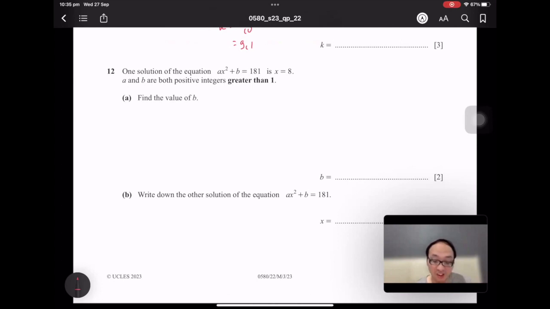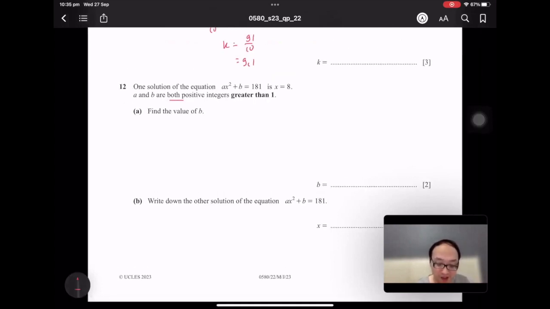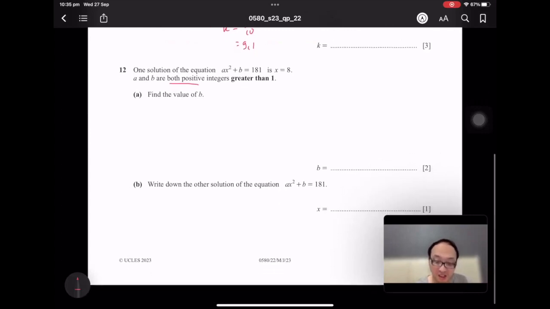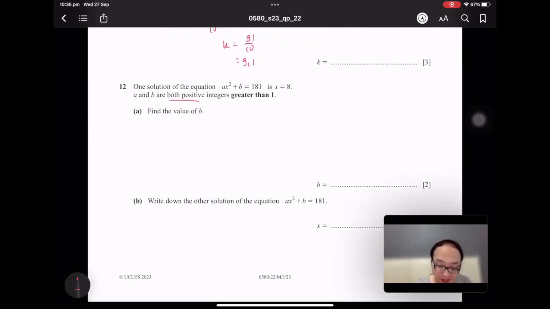Find the value of B. So that means if we replace x with 8, A times 8 squared plus B should be 181, because x equals 8 is the solution, so it will satisfy this equation. Solution means it will satisfy the equation, so we just replace the number into the equation.